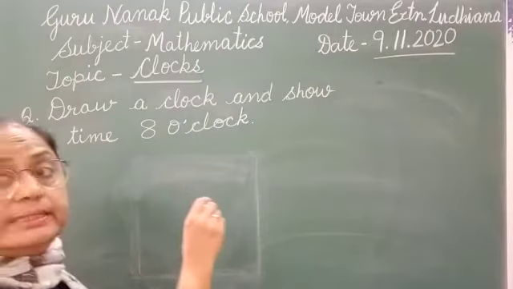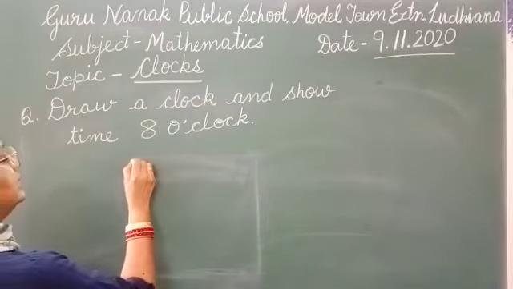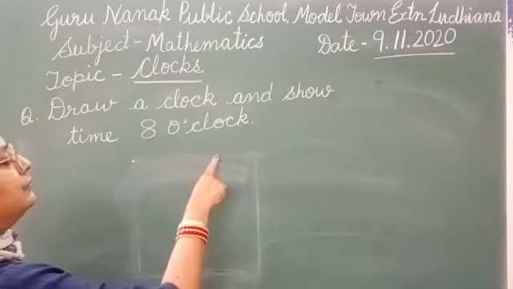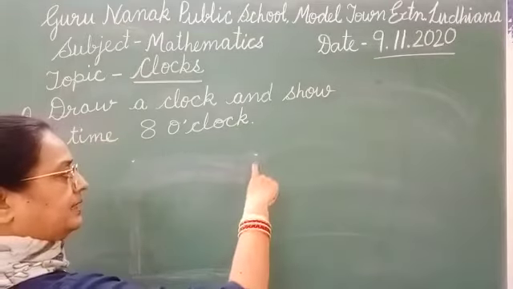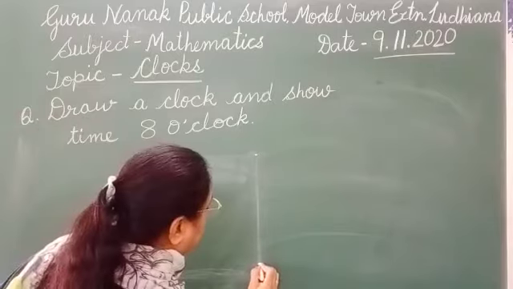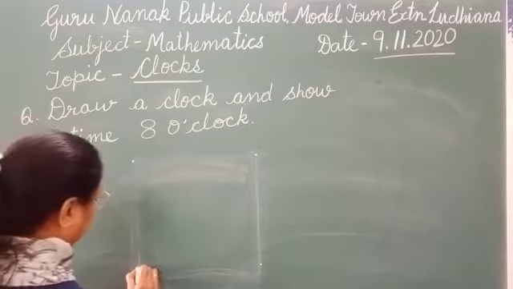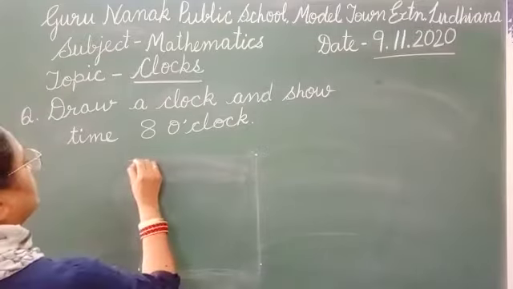To take this, you will count from here, leave here 3 boxes, put a dot here, then count 1, 2, 3, 4, 5, 6, then put a dot again. To this side 1, 2, 3, 4, 5, 6, put a dot. 1, 2, 3, 4, 5, 6, then again put a dot. Now join these dots.